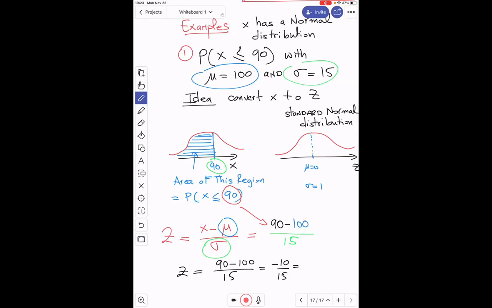Let's say that's negative 0.6, sorry, 0.66 or 0.67 if you want to round this. So it's negative 0.67.